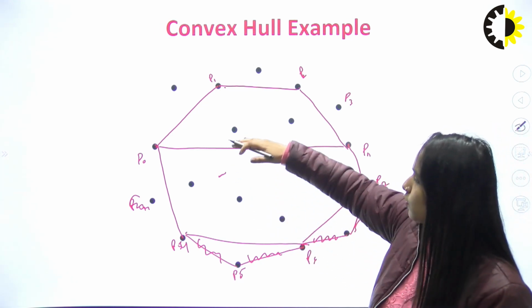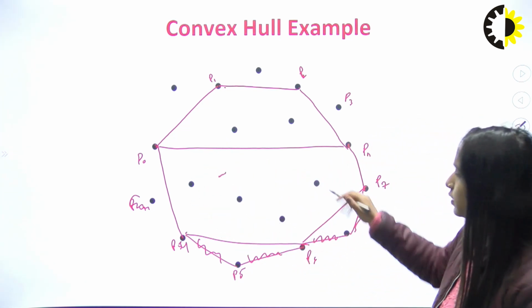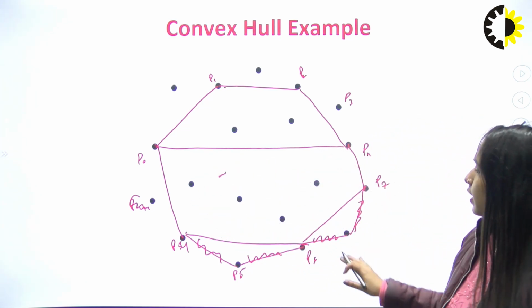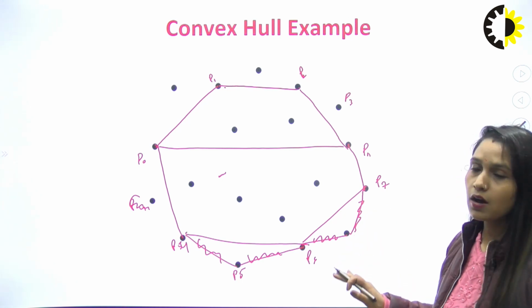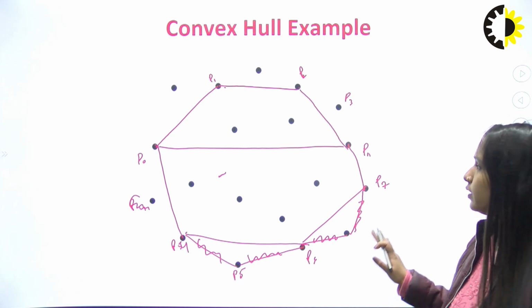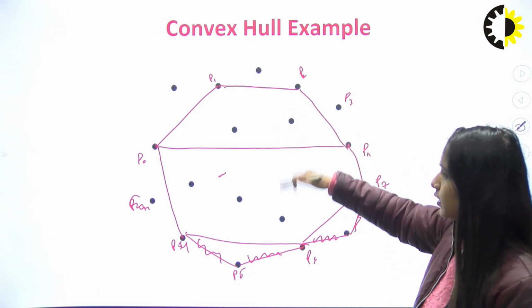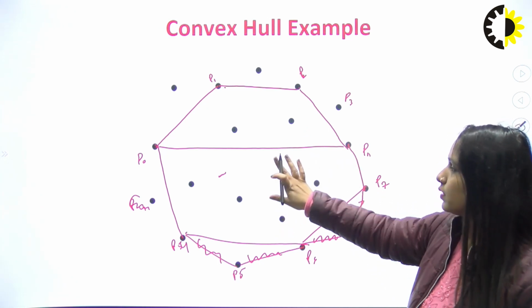So this is how you find the convex hull of the lower part of your plane, and this is how you can find the convex hull using divide and conquer.